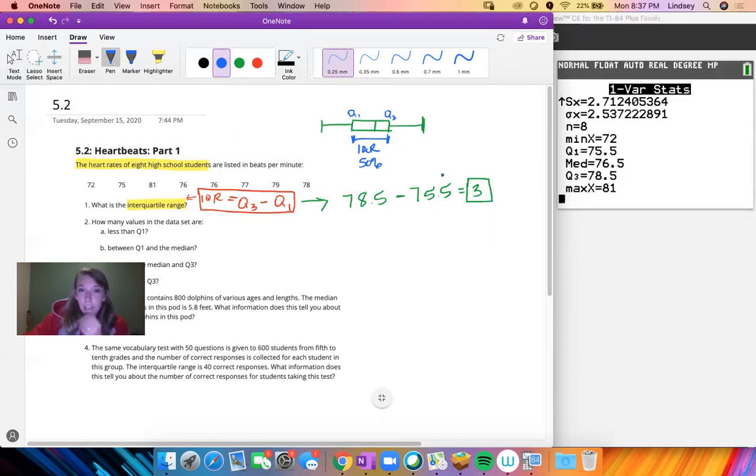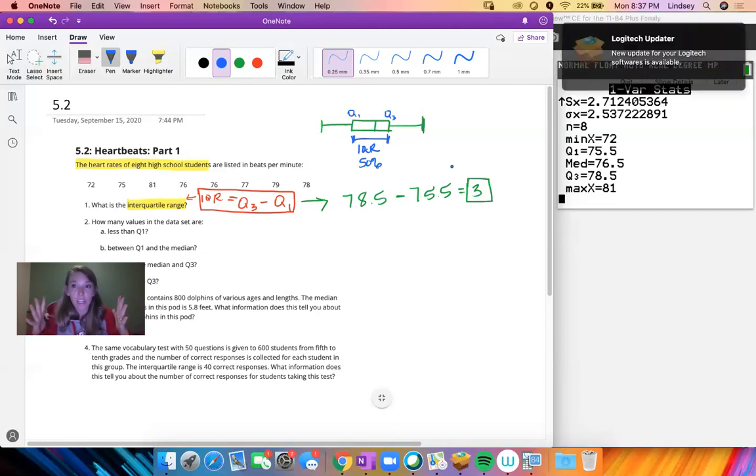So later on, that's going to be important to us, because when we're talking about that box, if that box is really long and there's a lot of data represented in it, or the IQR is a very large number, that means there are a lot of different numbers in that box with a very wide range.